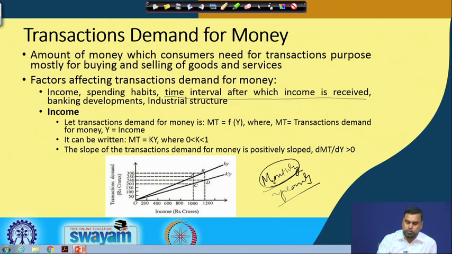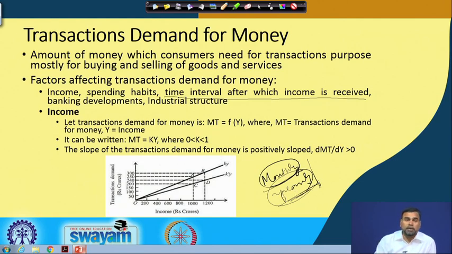If you are paying yearly, then you need less money now, because the payment has to be made on a yearly basis. So, it depends on the interval at which your money is paid or your income is utilized. The more the frequency, the more the demand for money increases, and the lesser the frequency, the demand for money declines.